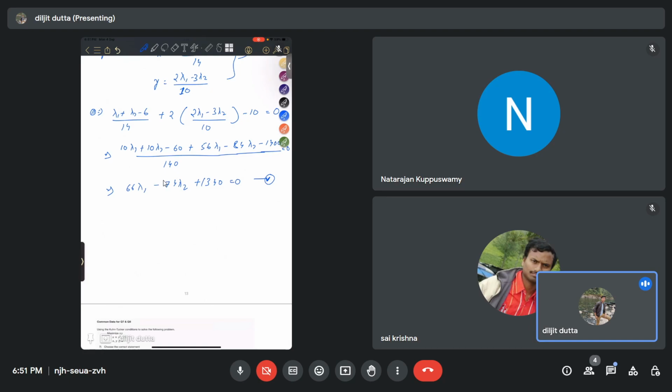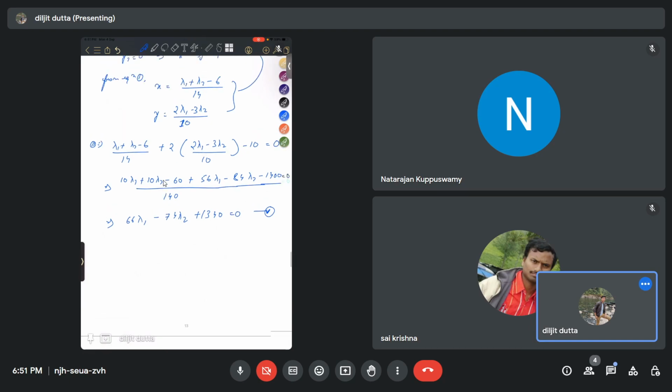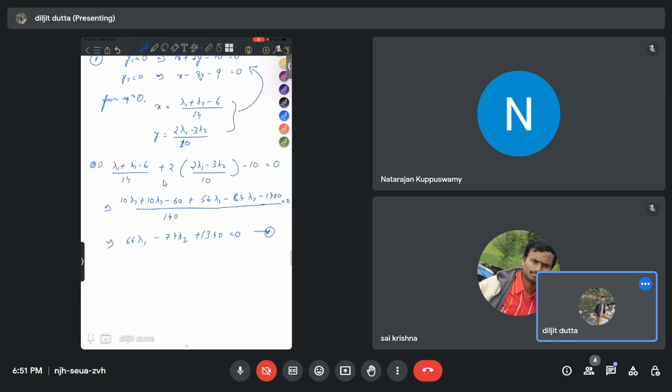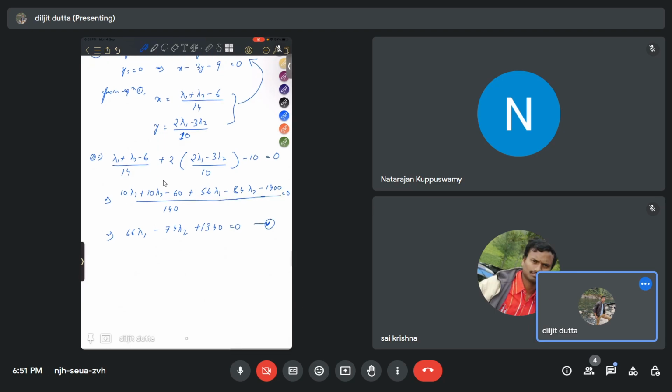So this is one equation that we are getting, and from the second equation we will obtain another equation. So how do we write that?